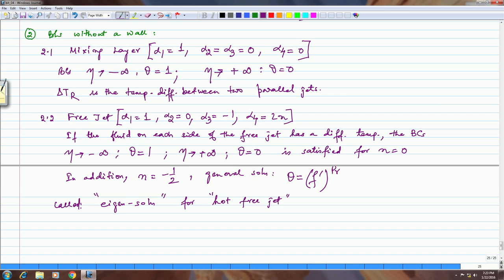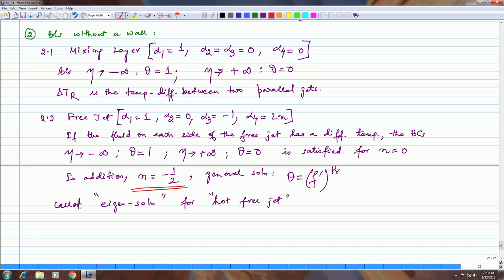So this is the general solution. In case you have n is equal to minus half, this is called the eigen solution for hot free jet.